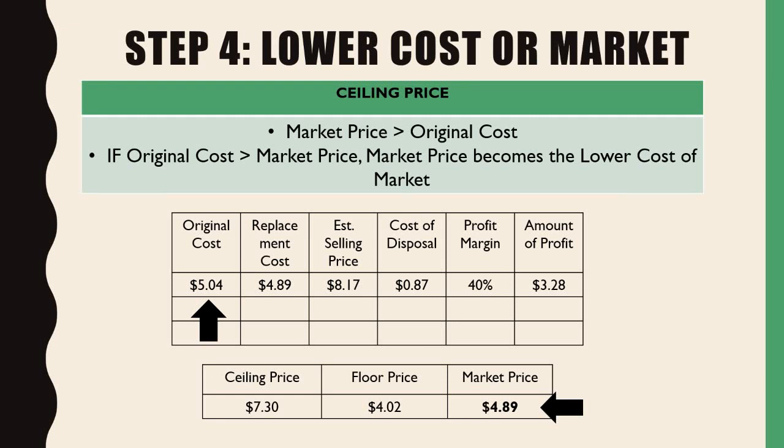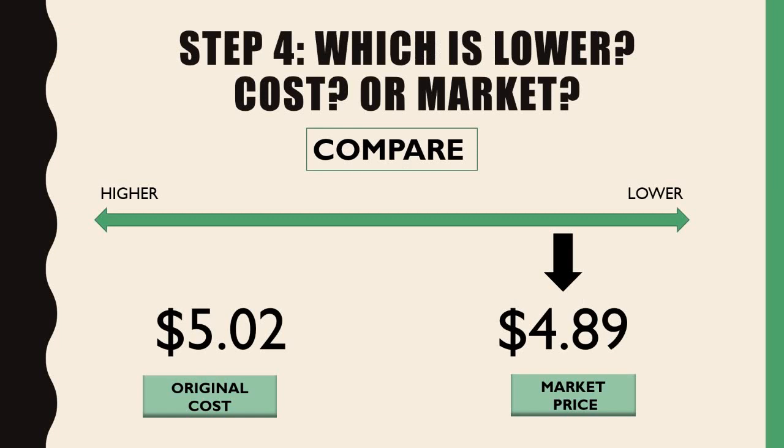Last but not least, step number 4 is going to be comparing. Which one's lower? You're going to answer the question: which one's lower, market or original cost? Cost or market. So in this case, I'm going to literally compare. I have my original cost of $5.02, or I have my replacement cost of $4.89.